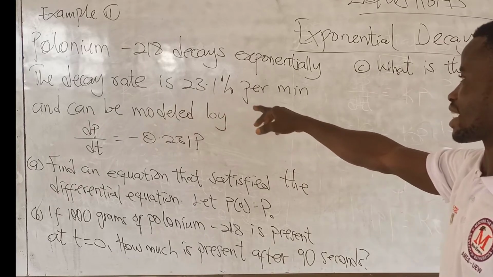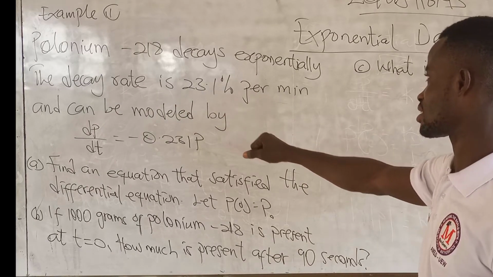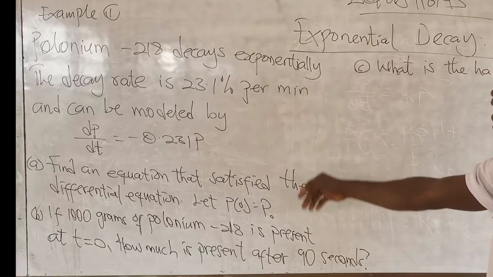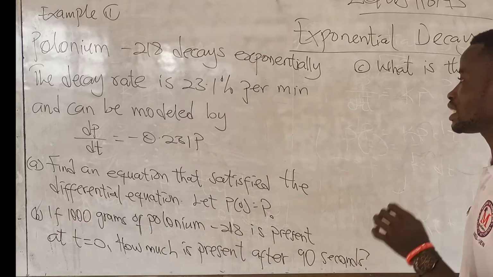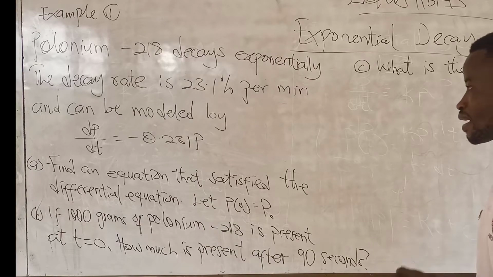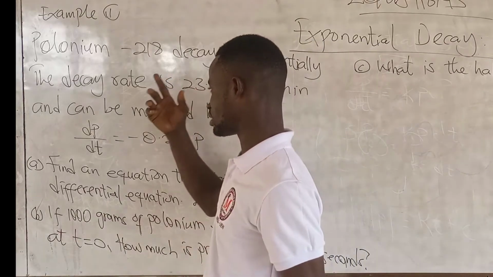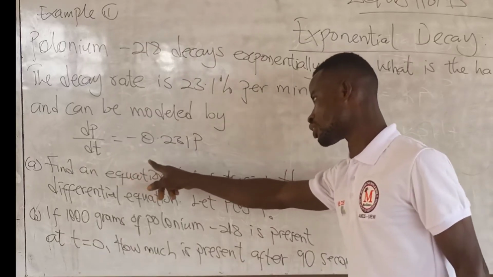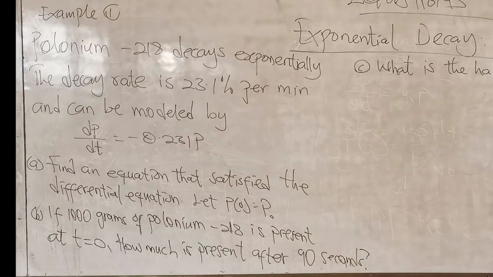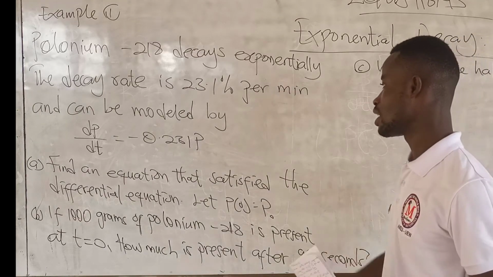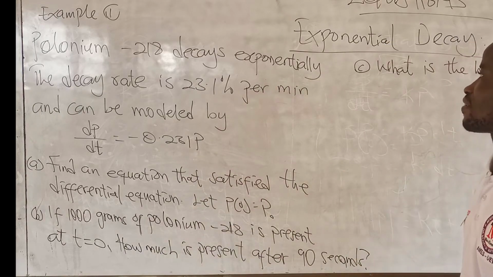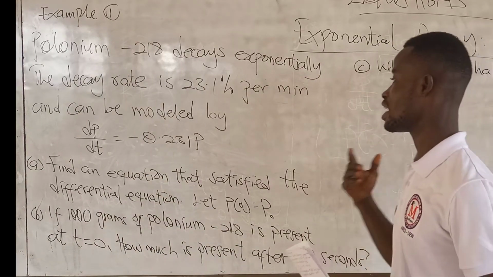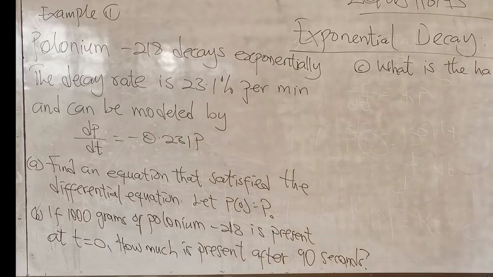The decay rate is 23.1% per minute, and can be modeled by dP/dt, the rate of change of the population with respect to t, which is equal to negative 0.231 P. Now, it's not always that k is going to be positive for you.